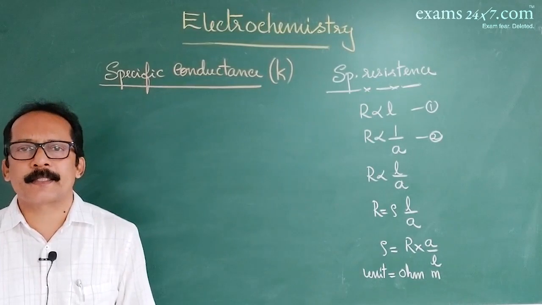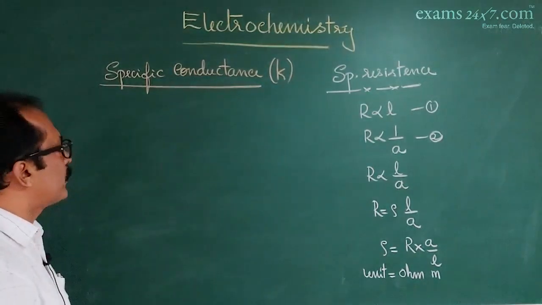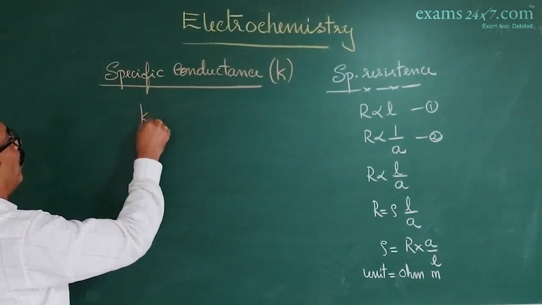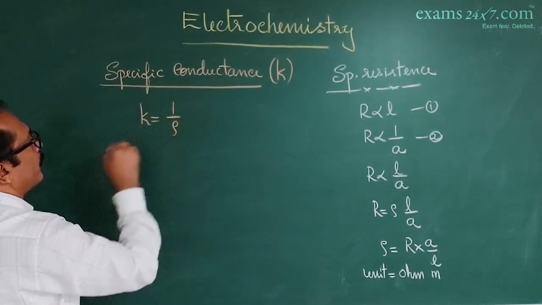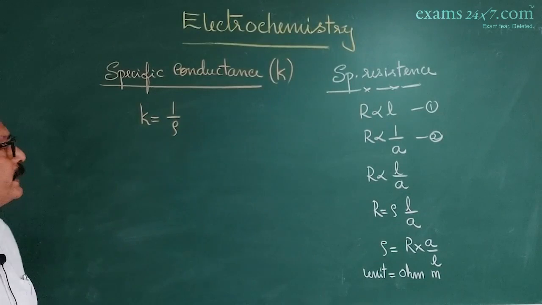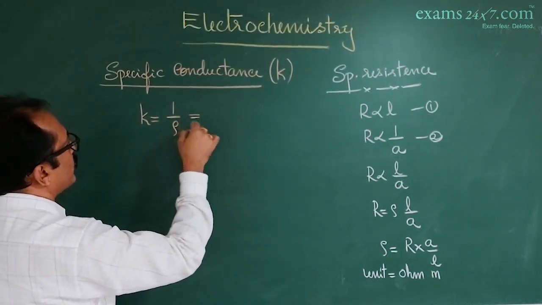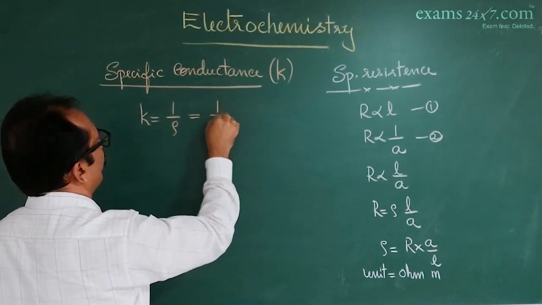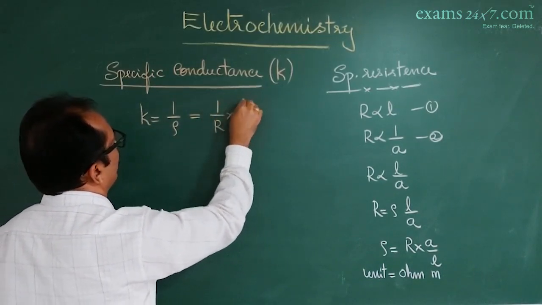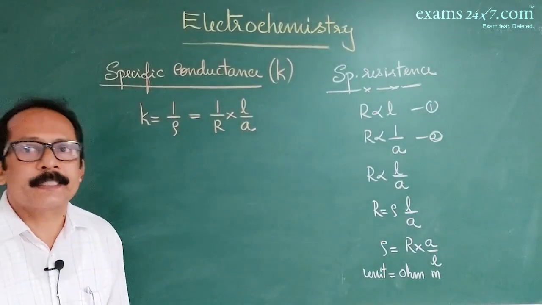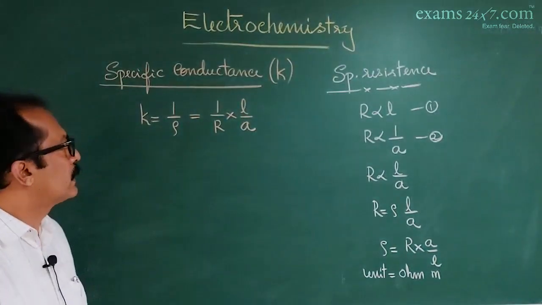Such conductance is called specific conductance. Now, kappa is equal to the reciprocal of resistivity, or this is also equal to 1 by R into L by A. Here L by A is called the cell constant.